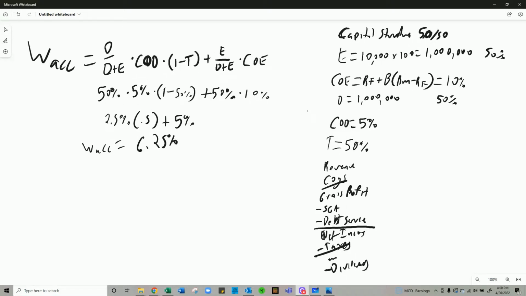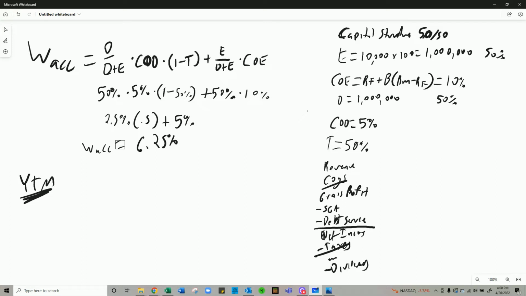One final note in calculating WACC is that sometimes instead of it being a bank loan, it's in bonds. So how do you figure out the cost of debt for bonds? Well, you've got two numbers that you usually know, or you usually know one and you can calculate the other. If you know yield to maturity, you use that, because yield to maturity is your cost of debt.